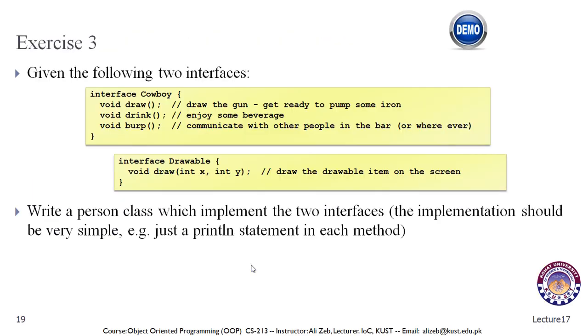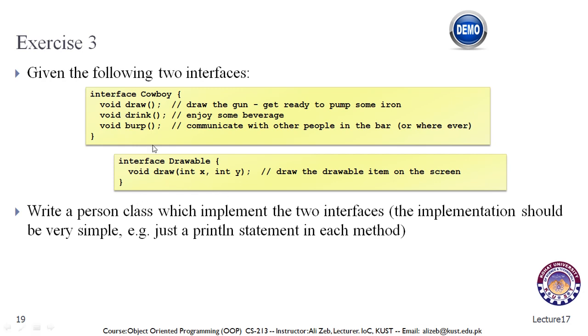So finally, you can look at this example. You have an interface that has some methods. Write a Person class which implements the two interfaces. The implementation should be very simple, just a println statement in each method.